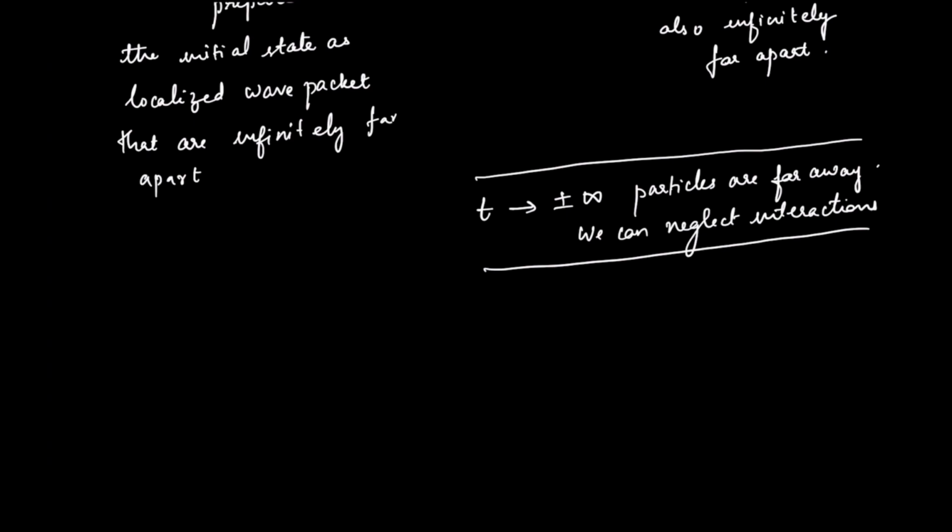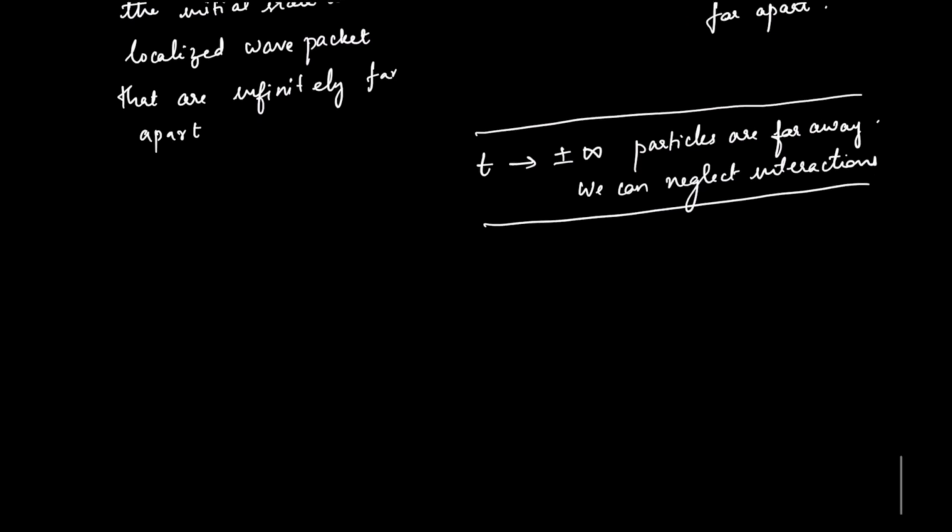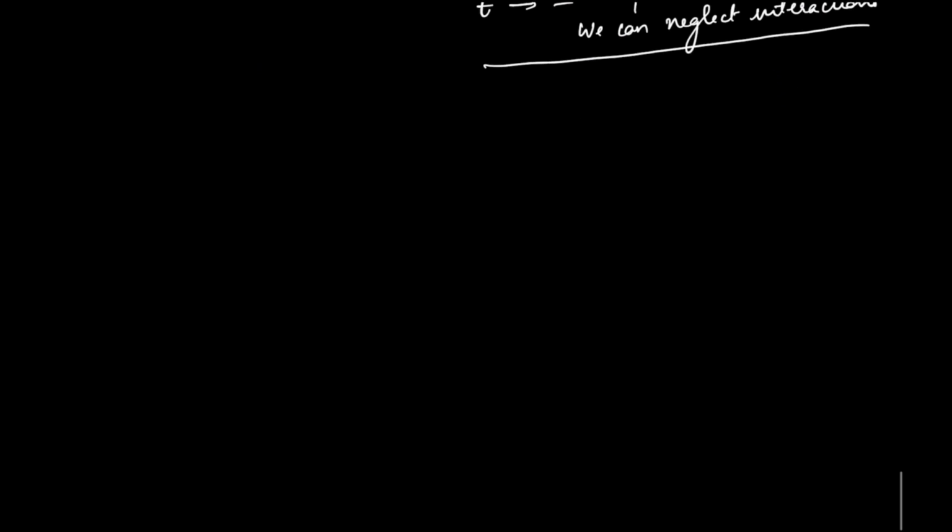So initial and final states are collections of free particles, and this plays a key role, as we cannot solve the kinds of interaction theory exactly. But now we can predict it with some accuracy with this kind of initial and final state. So let's denote the collection of momentum of the initial particles to be alpha.